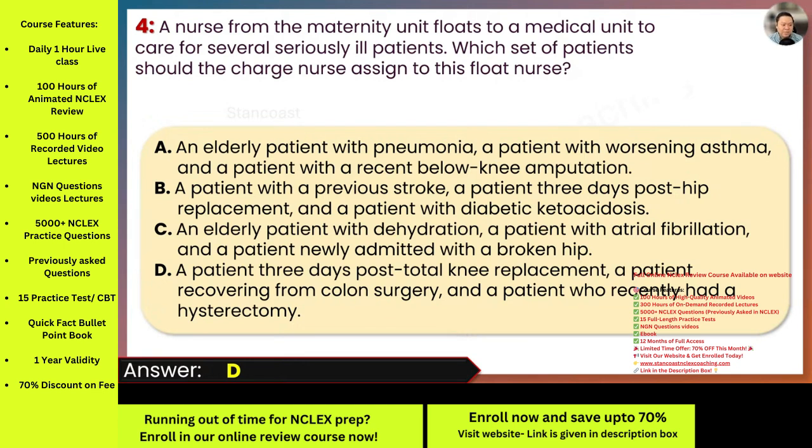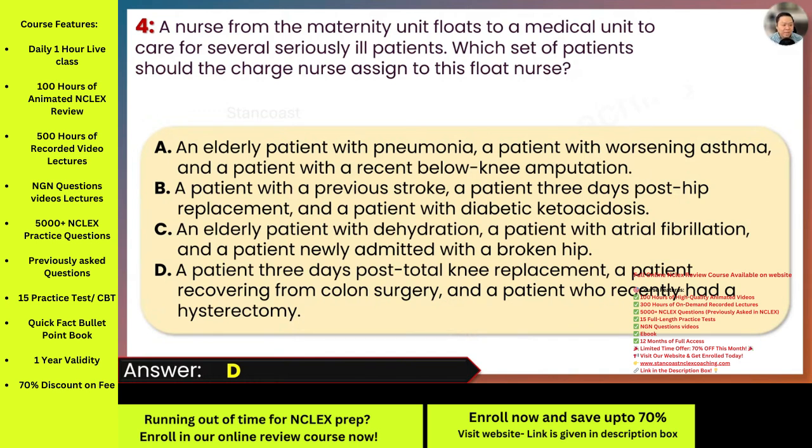Now, what about letter C? Why is this incorrect? Well, with a case of dehydration in the elderly patient, this can cause confusion, it can cause kidney issues and sudden deterioration. And there's also a case here with atrial fib, which is a cardiac condition requiring frequent heart monitoring and also adjustment of their medications, such as anticoagulants, beta blockers.